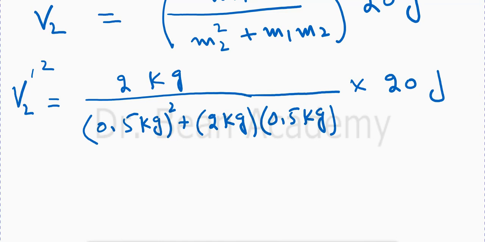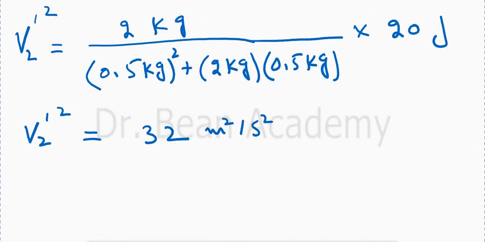And my calculator tells me that v2 prime squared is equal to 32 meter squared per second squared.